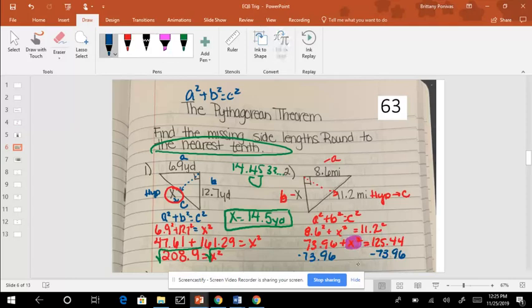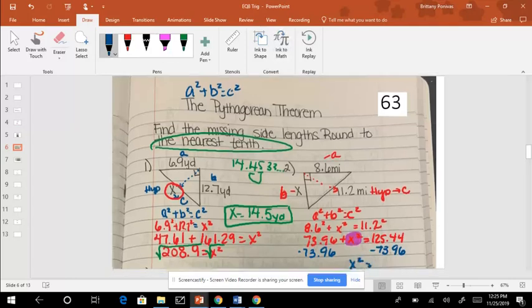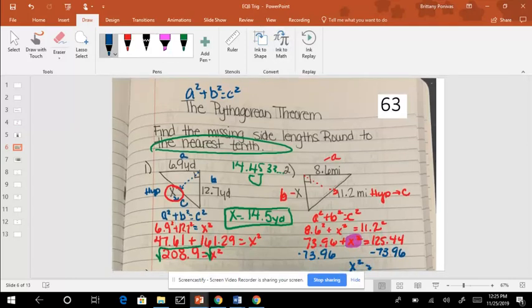That gives us x squared equals 51.48. Now we want to get rid of the squared, so we're going to square root both sides. So the square root of 51.48 rounded to the nearest tenth is 7.2 miles.